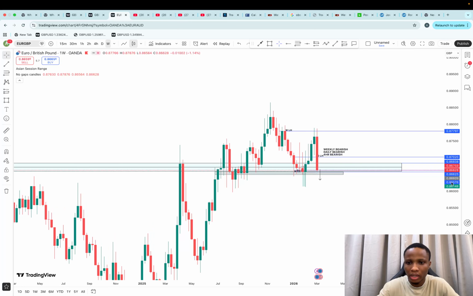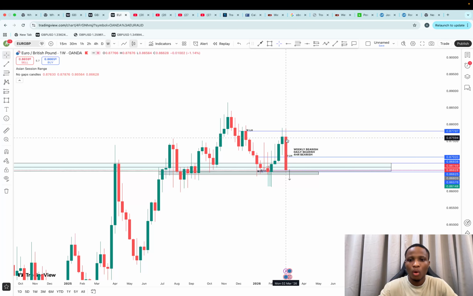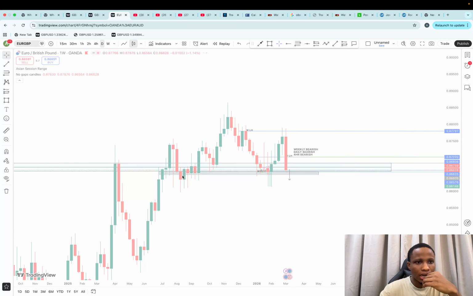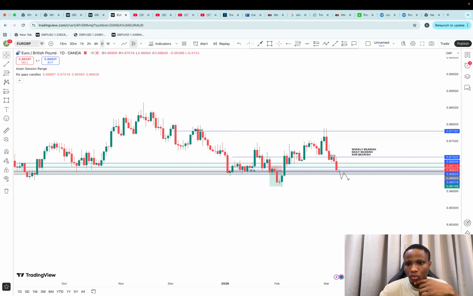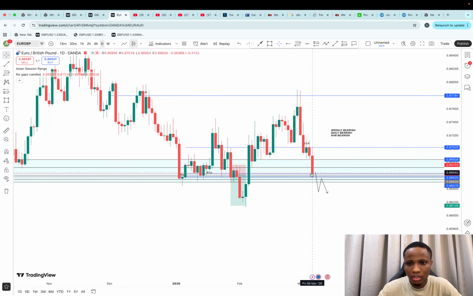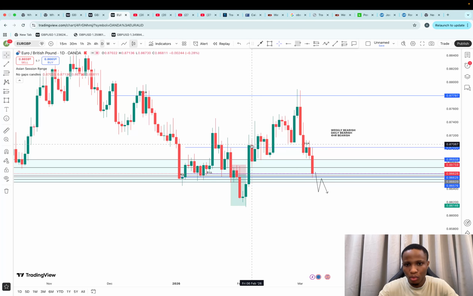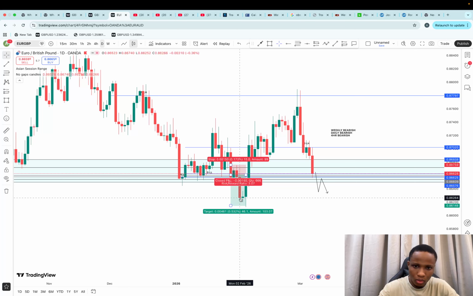I like the fact that the weekly has this long bearish candle. On the daily, on the other hand, we are also bearish. On the daily, we are having this as our lower low, lower high. Mind you, this was our low at some point. This was our lower low, and we are having this as our lower high. The market body closed above this lower high, so now we are bullish: higher high, higher low.